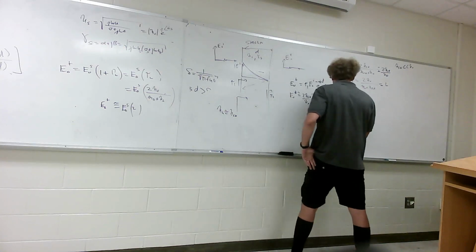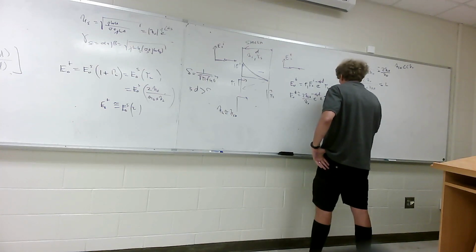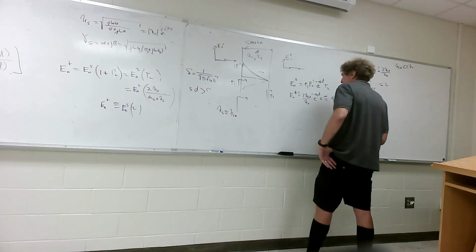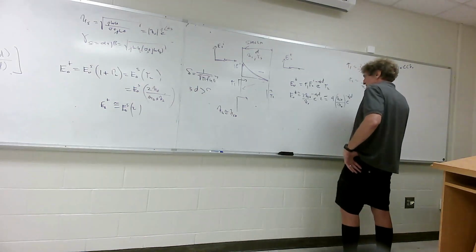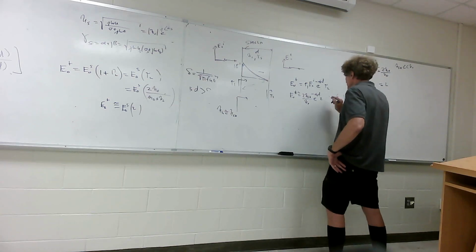So you can say this is about equal to 4 times eta shield over eta naught, times e to the minus alpha of the shield times d, times E incident.